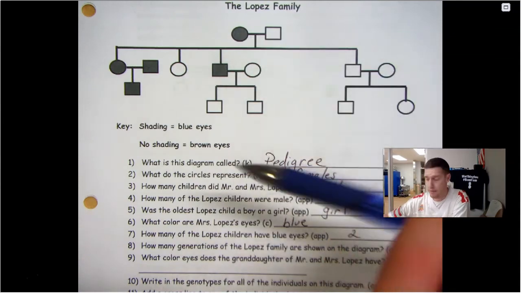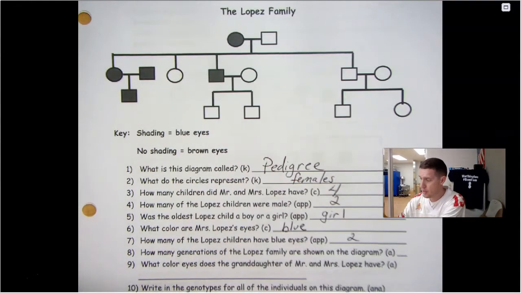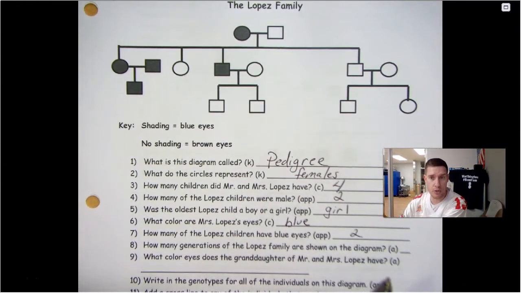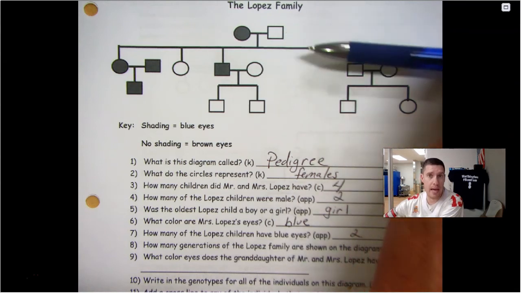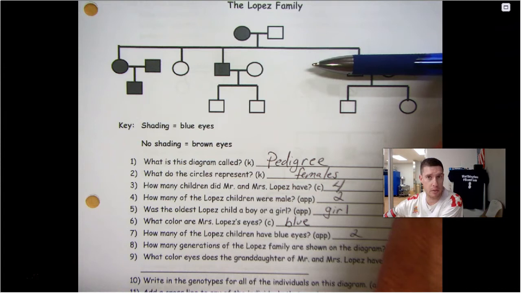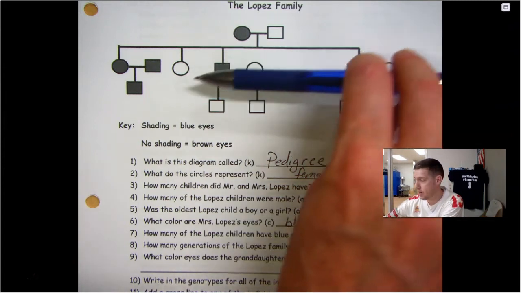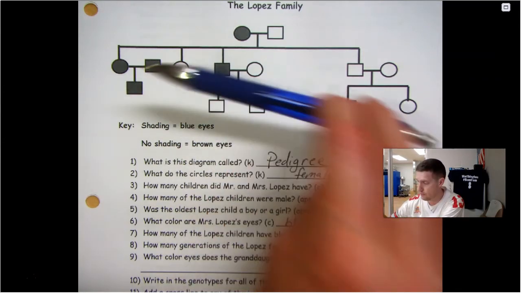So pedigrees have not only a horizontal component, but a vertical component. There are multiple levels of shapes here, starting with the top level. They have kids, so their kids and the kids' spouses are on this level, and if their kids have any kids, they are on this 3rd level, including that one.